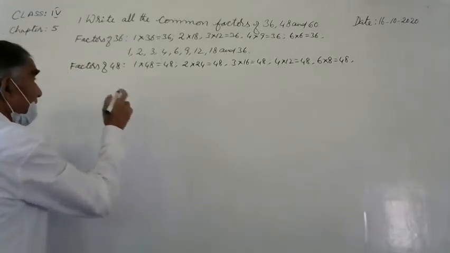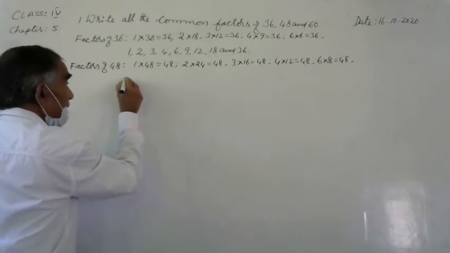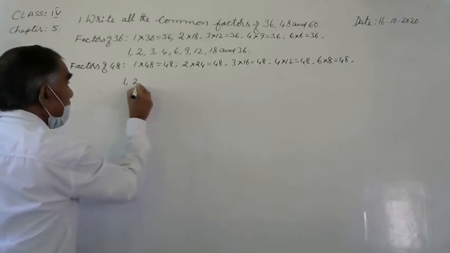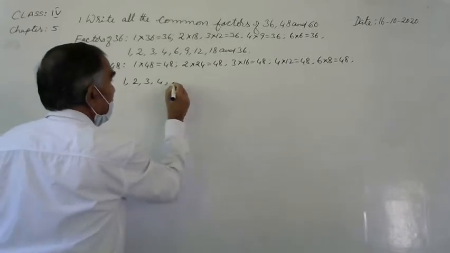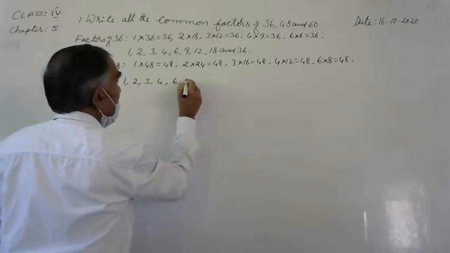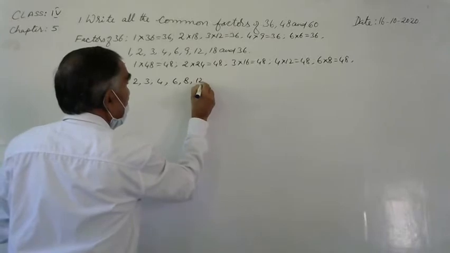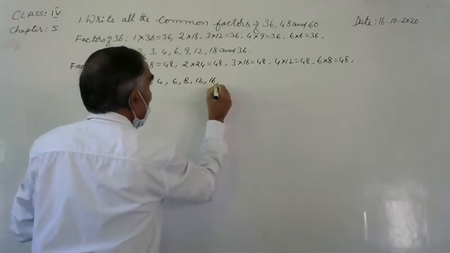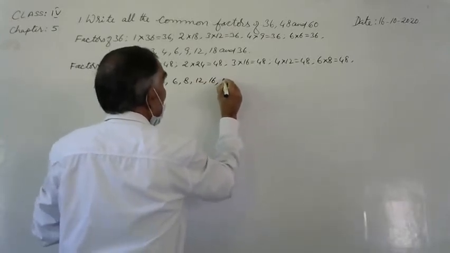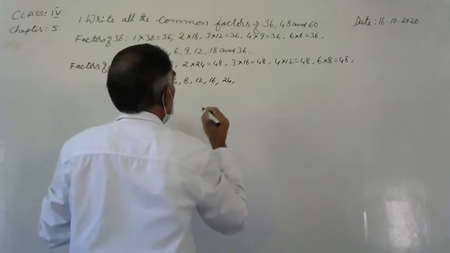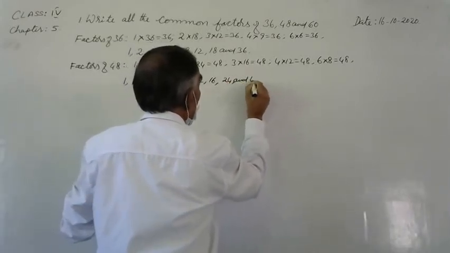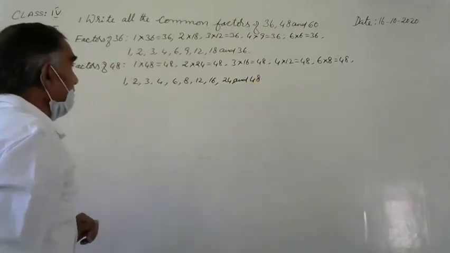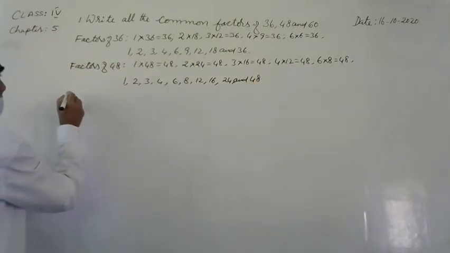If you write them in order, you write 1, 2, 3, 4, 6, 8, 12, 16, 24, and 48.